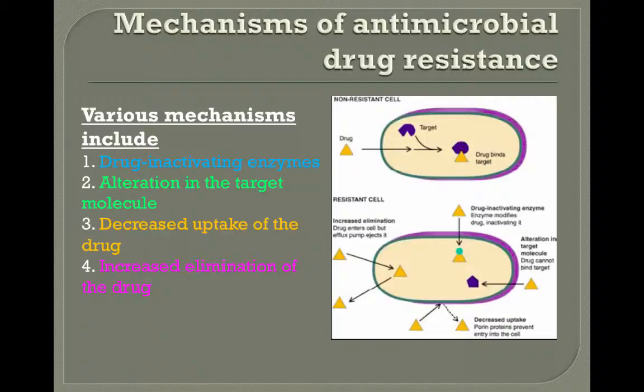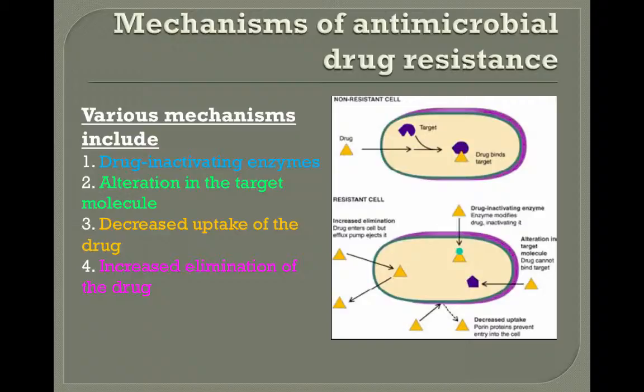That's one way the cell might be able to survive. Perhaps it's the alteration in the target molecule within the cell. So maybe the production of whatever that target is in the cell, not necessarily an enzyme, but another structure, maybe it is slightly different in those cells that have resistance.